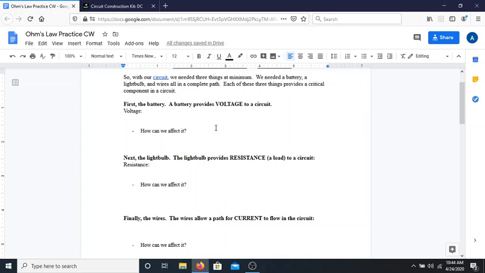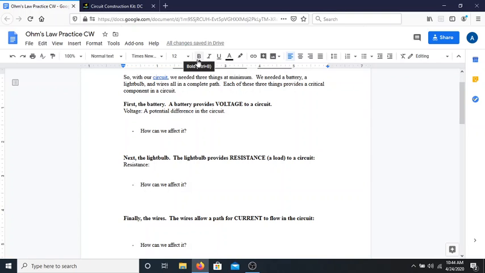All right. Now, voltage is kind of a weird thing to think about when you listen to the definition. So for us, we're going to define voltage as a potential difference in the circuit. Really doesn't mean much to us. It's a weird definition. What does potential difference mean? Honestly, what a battery does is it creates a charge difference between the sides of the battery.